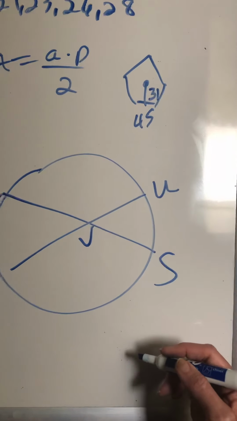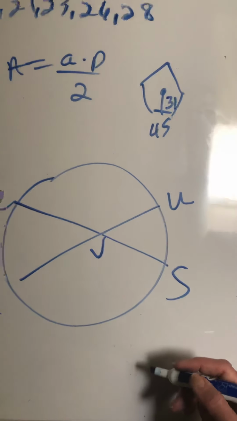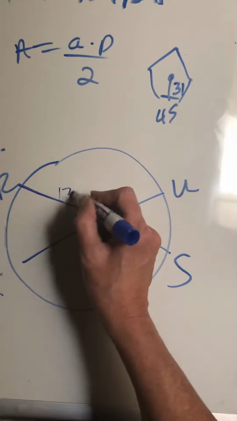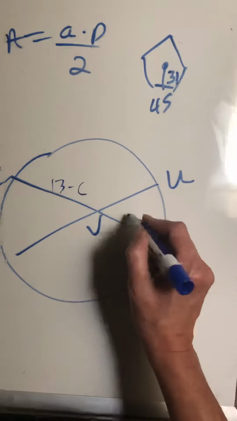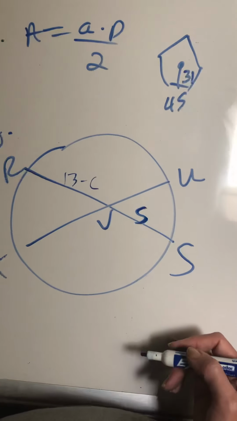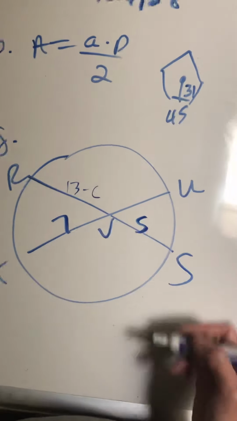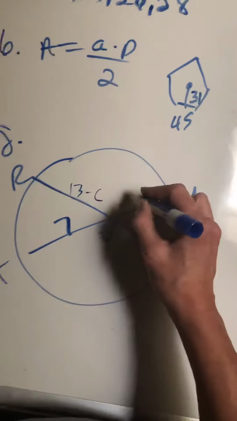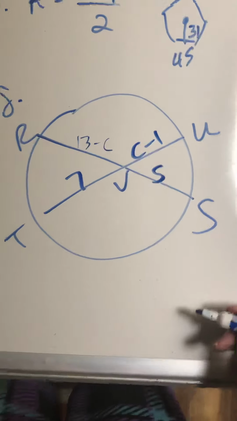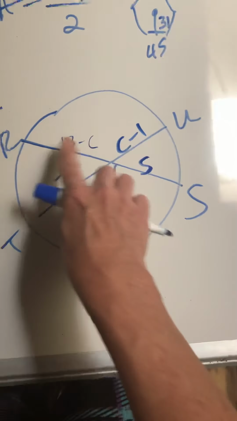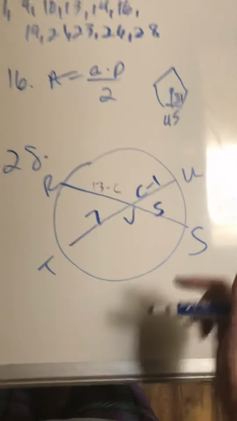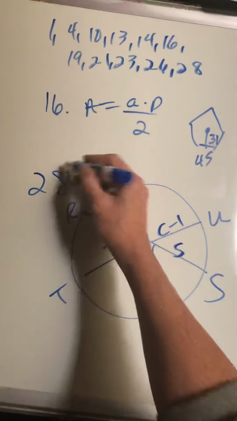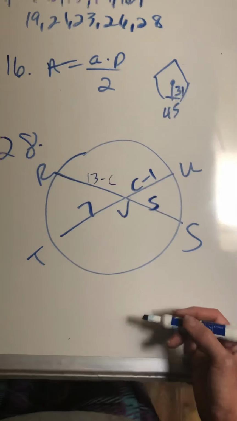Then RV is 13 minus C. SV is 5. TV is 7. And UV is C minus 1. So remember, these are where you multiply these two. Like you do 5 times 13 minus C equals 7 times C minus 1. And that'll solve it for 28.